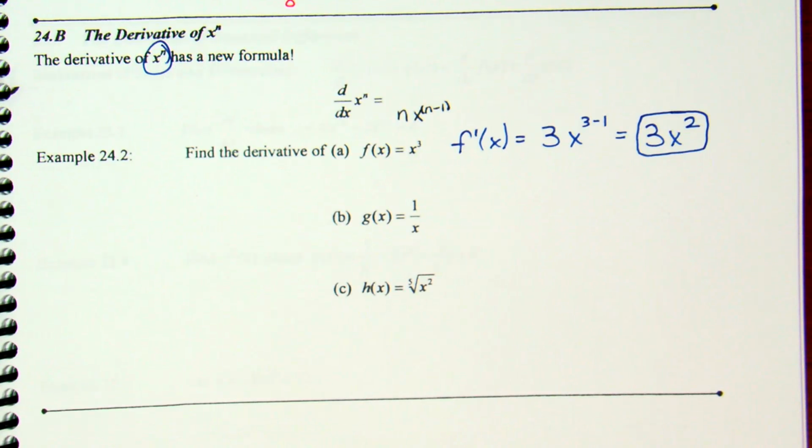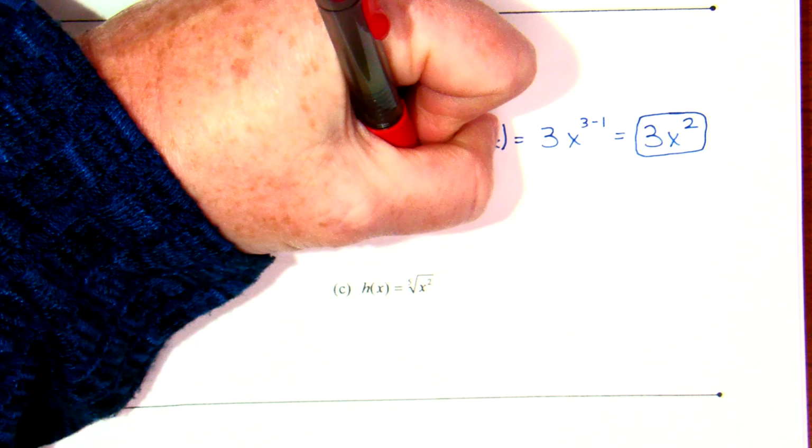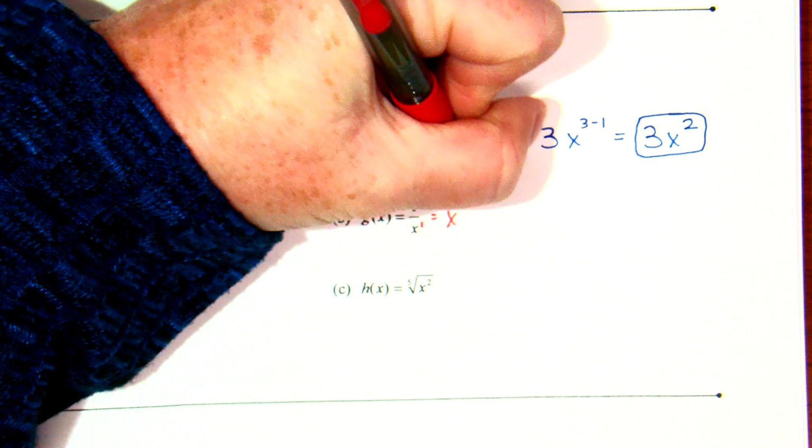Now, what about B? How does this rule apply to example B? Everything we work with today has to be x to some power. So, if this is 1 over x to the first, what is this when I take it out of the fraction? x to the negative 1.